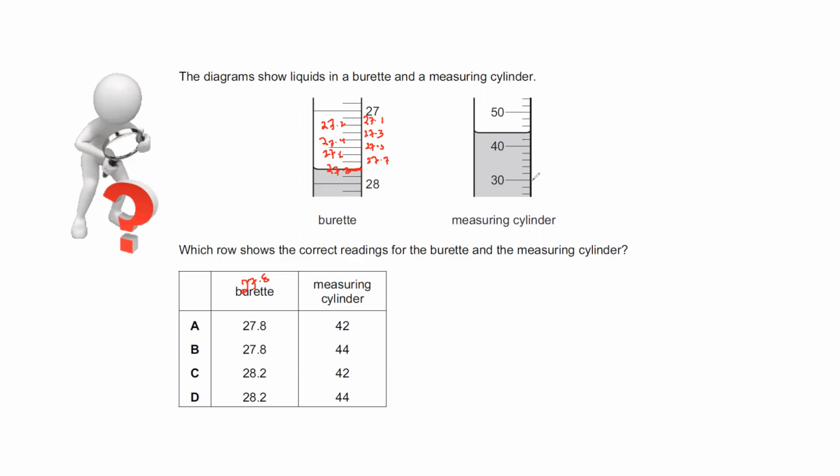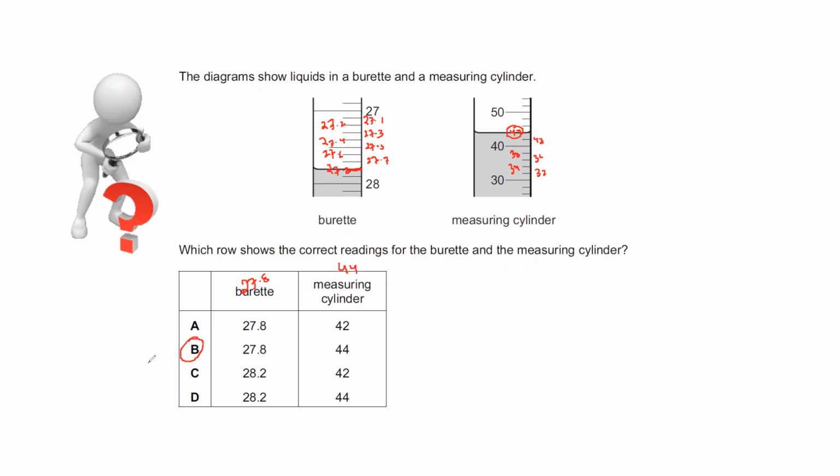What about the measuring cylinder? As you can see, between 30 and 40 there are 5 lines, so each line represents 2. So this will be 32, 34, 36, 38, and then 40. Then this will be 42, and the second line will be 44. So the measuring cylinder reading is 44 and the burette reading is 27.8.